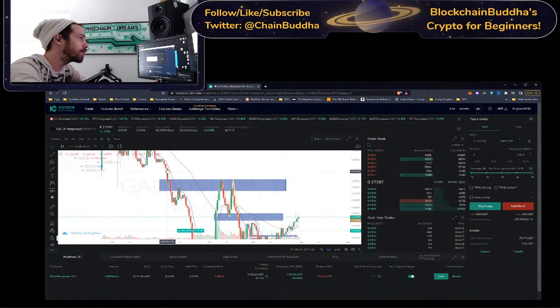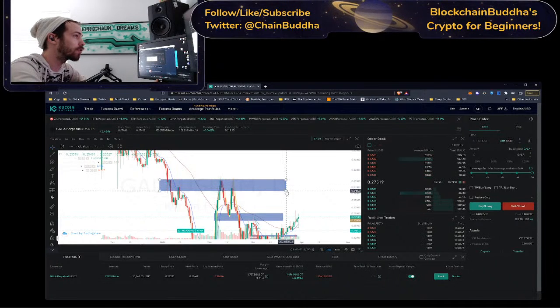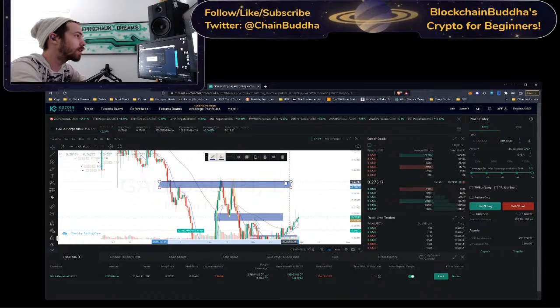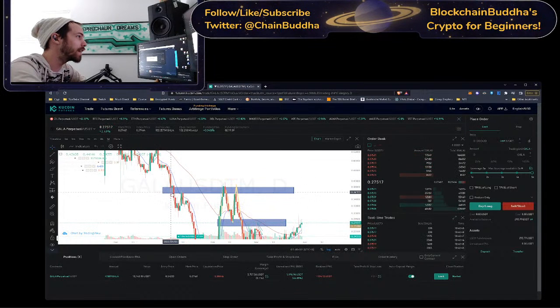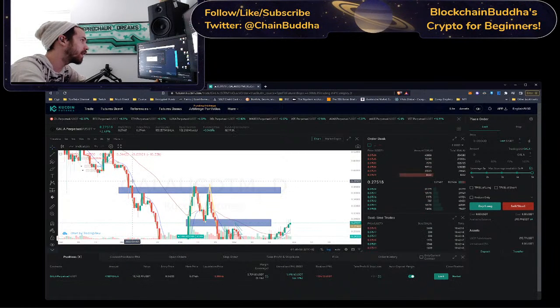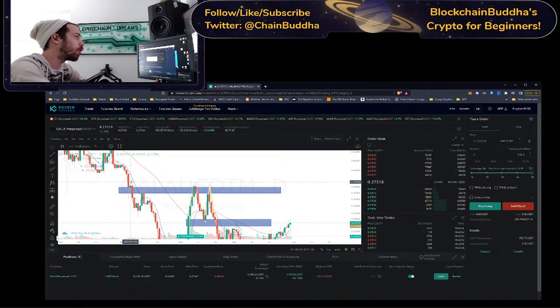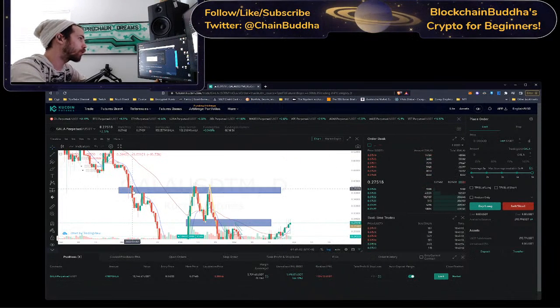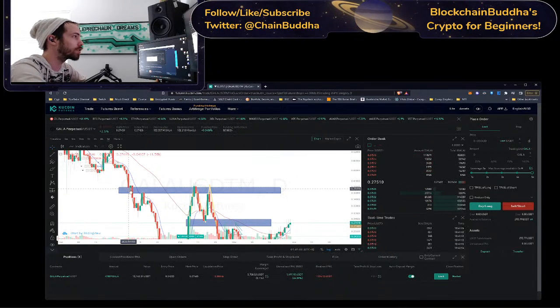Okay, so right here you see price broke what I have as a support zone. This is a support zone because price comes right here and bounces off it. You see the green candlestick where it goes back up, but price didn't hold above 36 to 38 cents, so it broke through the support zone and then became a resistance zone.